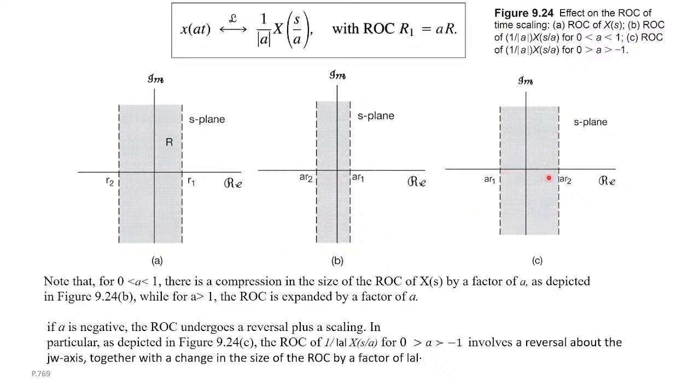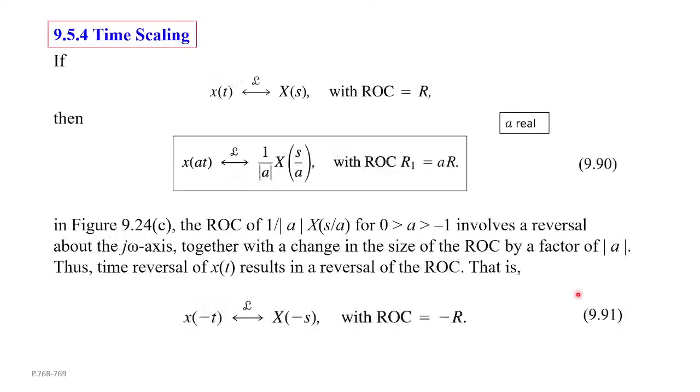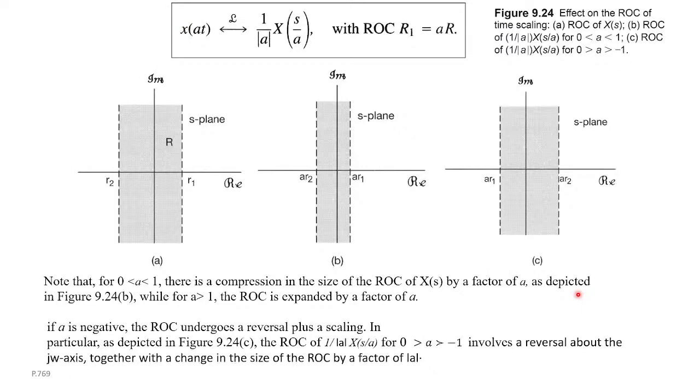The compression here is not very obvious, but you can see R1 becomes aR1 and R2 becomes aR2 on the other side. So you flip left and right, and do compression or stretching depending on the magnitude. Any questions about time scaling?